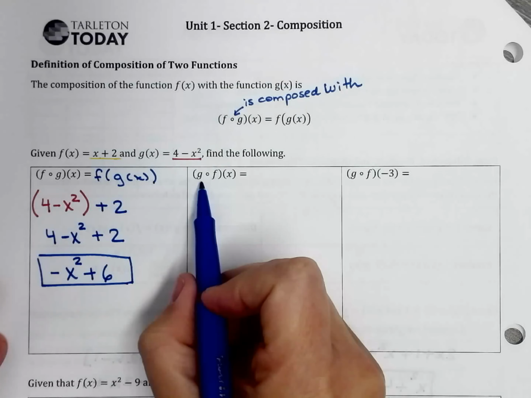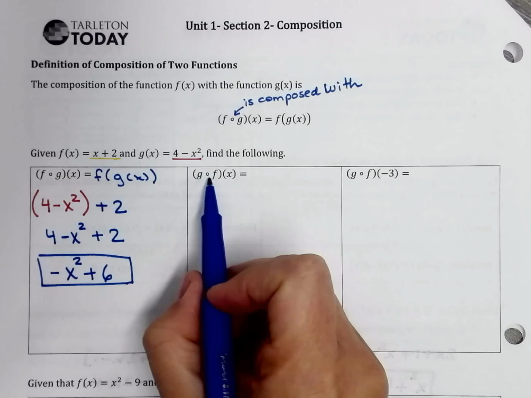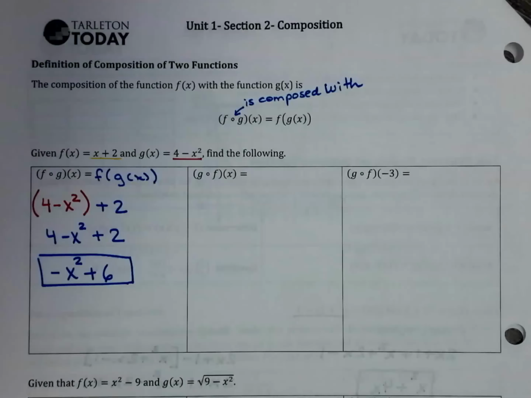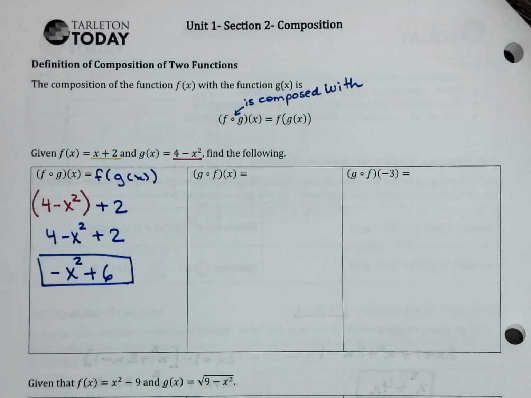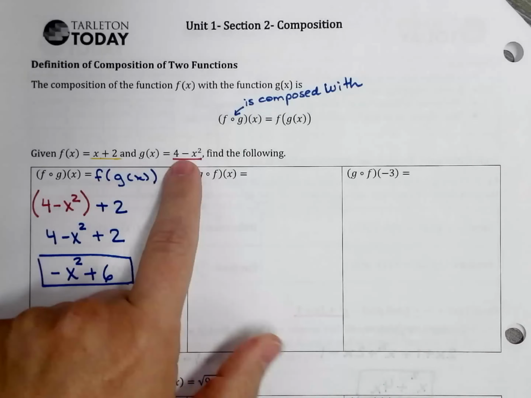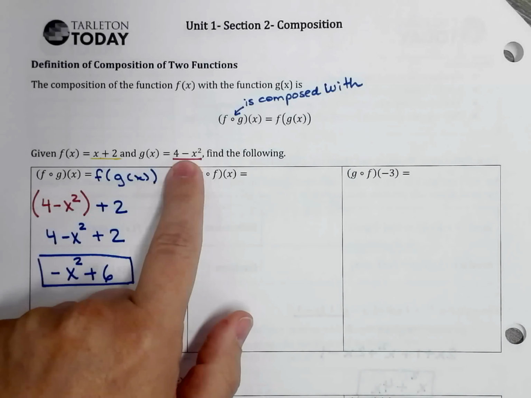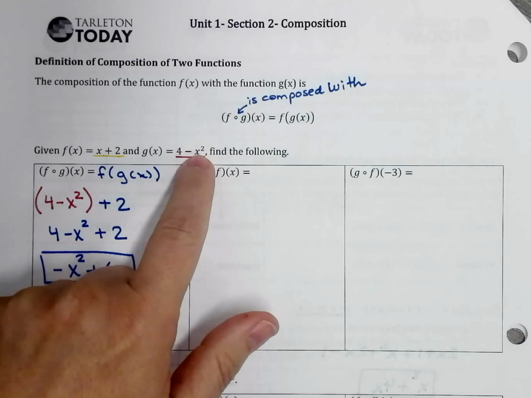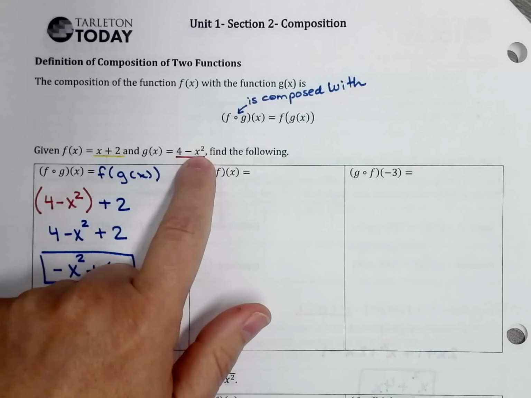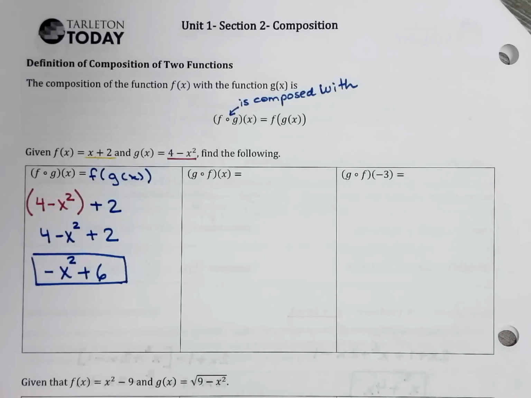So now I have G is composed with F of X. Now we're doing the other way around. I have to start with the G function and substitute this into the X value. So that's what we were saying in the previous page, when you substitute that with the box.